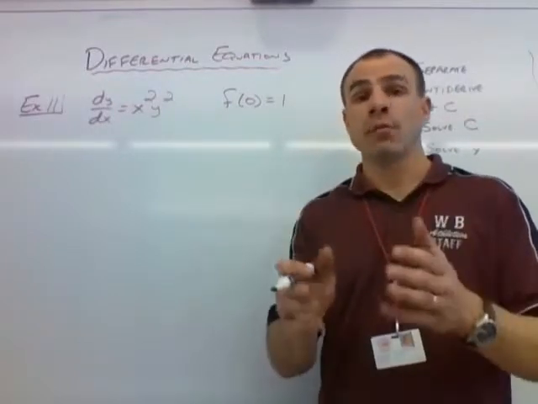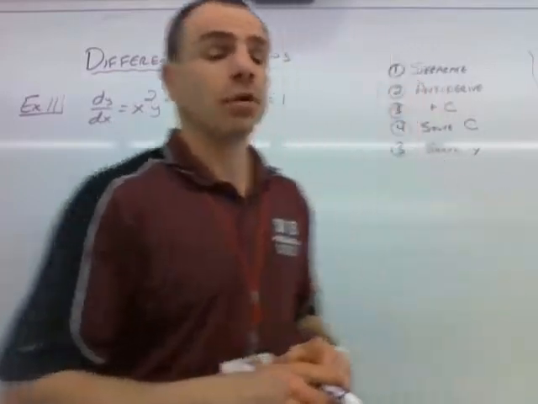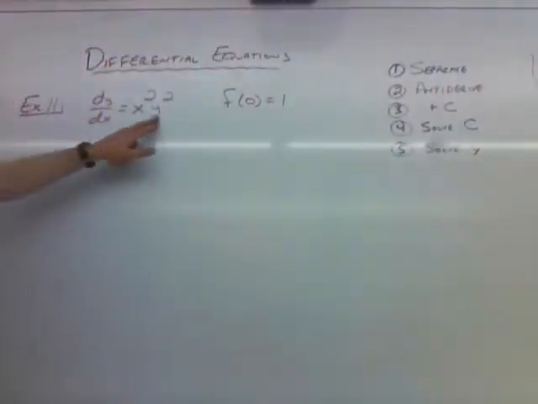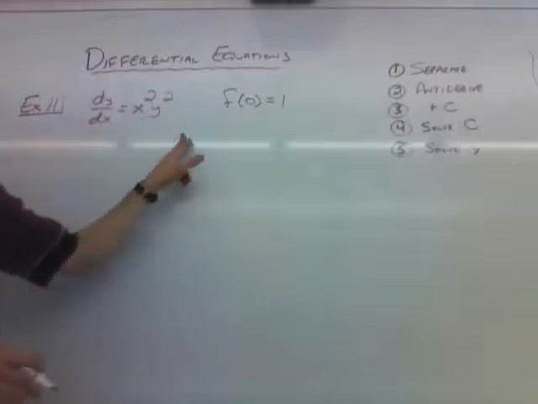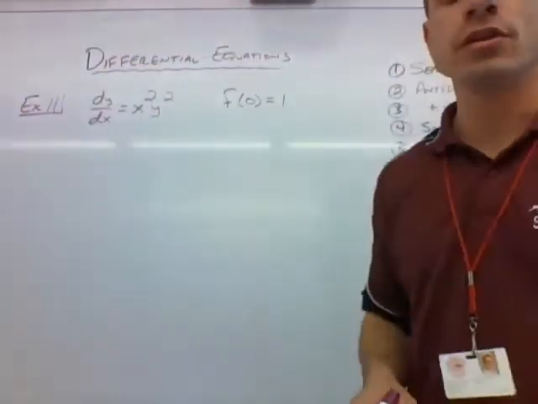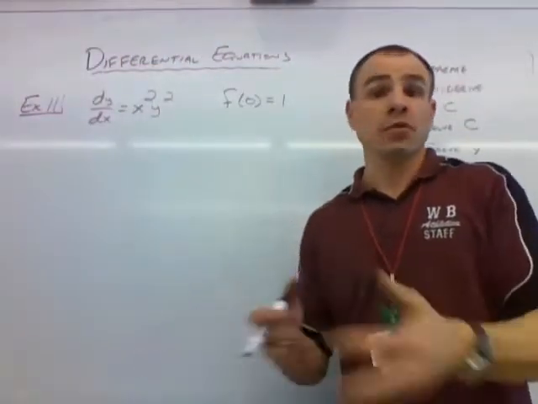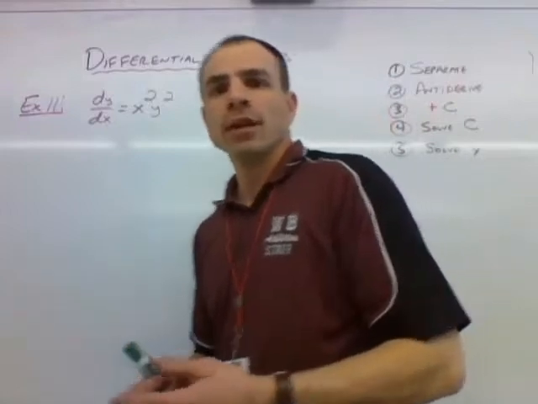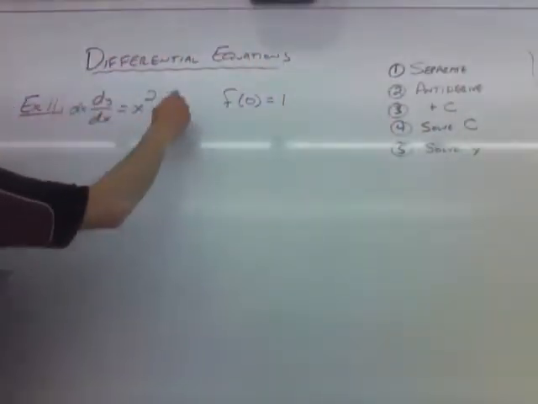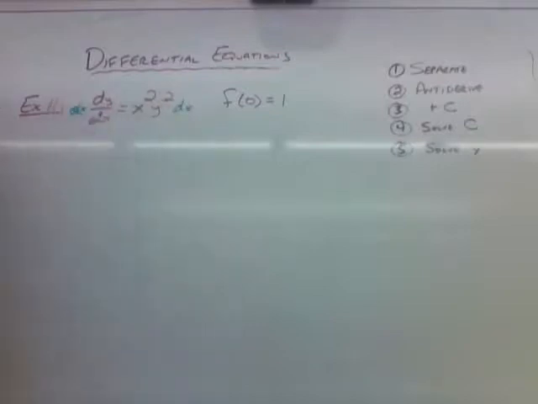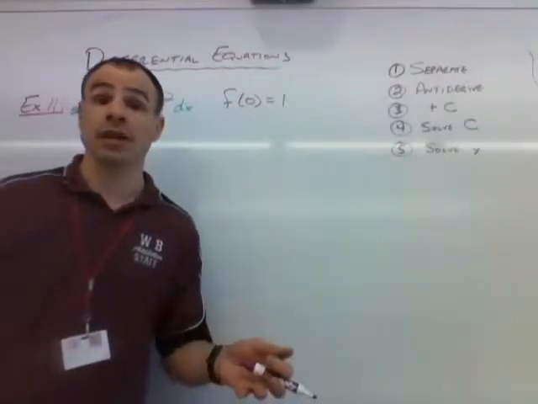All right, so step 1, separate the variables. If we're separating the variables, we have a y term on the right side, which we want to move over to the left, and we have a dx term on the left side, which we want to move over to the right. In order to move those, we just have to multiply and divide accordingly. The dx is always going to be multiplying, because that will allow those dx's to wipe each other out on the left side.